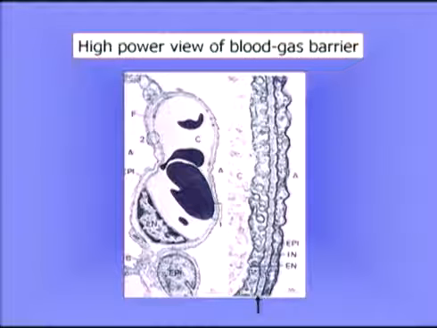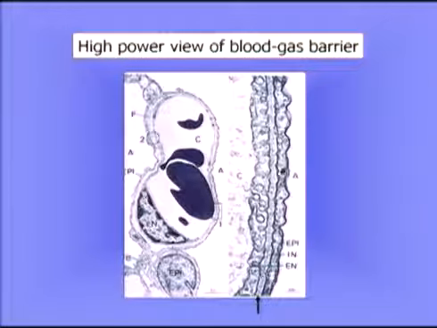Here's a high power view of the blood gas barrier. Now what we've got here is the same capillary as shown in the previous slide, although it's been turned through 90 degrees, and somebody has selected a region of the blood gas barrier, shown here, and blown it way up to a very high magnification. In fact, if you can see, the bar line here is only 0.4 microns, so it's extremely small.